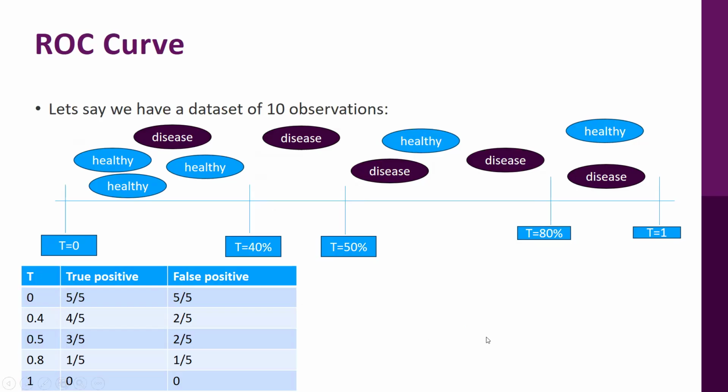And your false positive rate would also be 0 because you haven't falsely classified anyone as being ill, because you don't have anyone in your ill class or in the 1 class. Because if you set the threshold as 1, everybody would be classified as 0. Therefore, both of these would be 0.